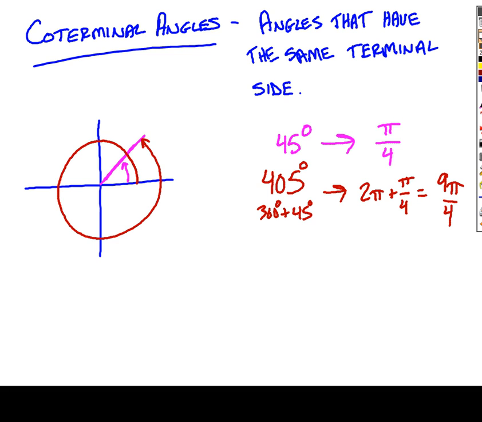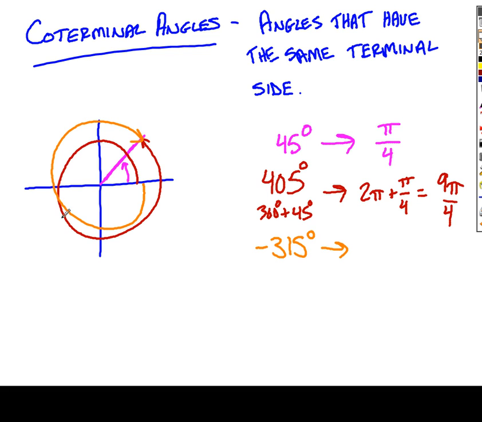Now, who's to say I have to go that way? What if I go in the opposite direction? Just like on a number line, if I went the opposite direction, I would have a negative number. Same here with negative degrees. Well, this is negative 90, 180, 270, plus another 45 means I get negative 315 degrees for that angle. Now to turn that into radians, let's think about it.